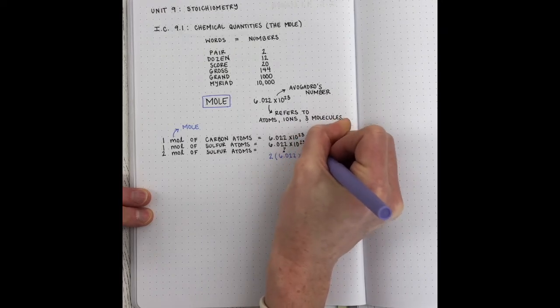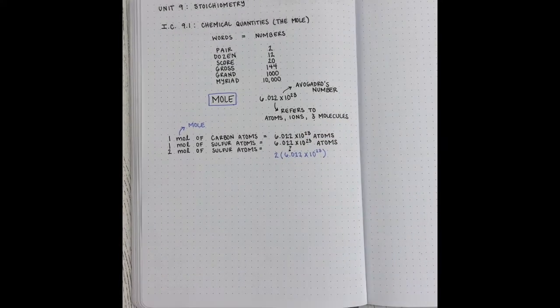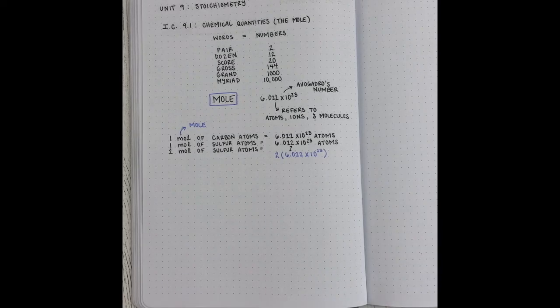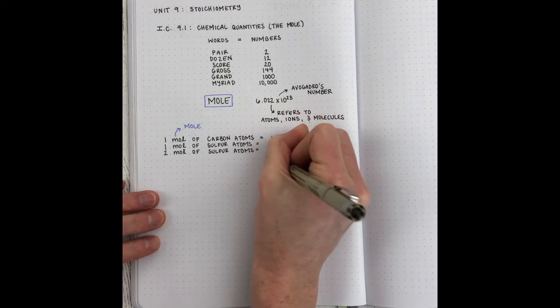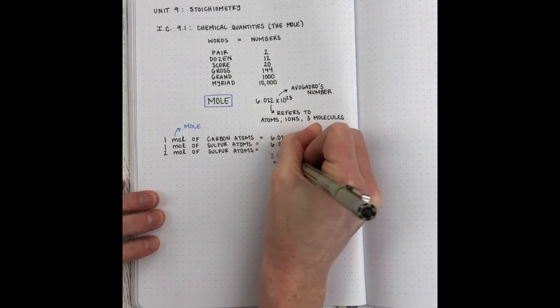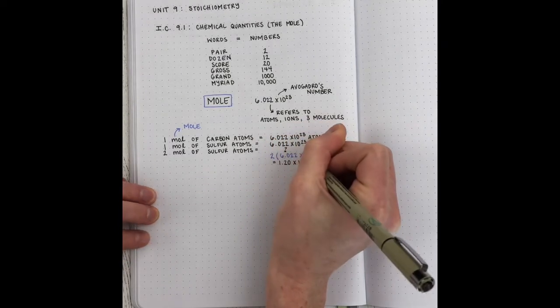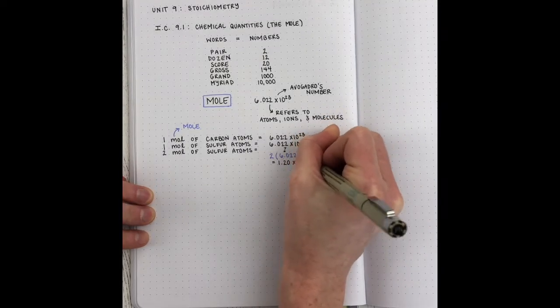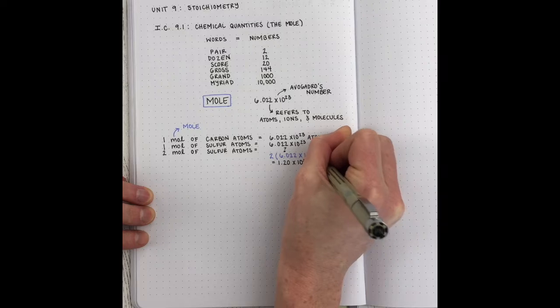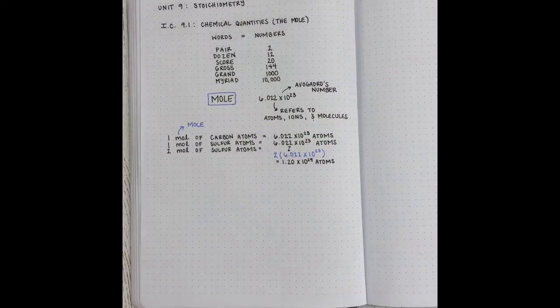So if you have 2 moles of sulfur atoms, it's going to be 2 times 6.022 times 10 to the 23rd. And if you plug that into your calculator, it's going to be 1.20 times 10 to the 24th atoms.